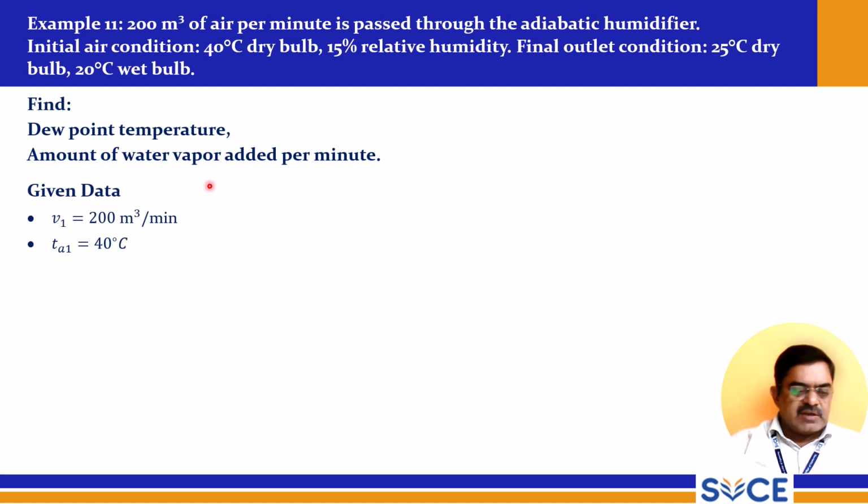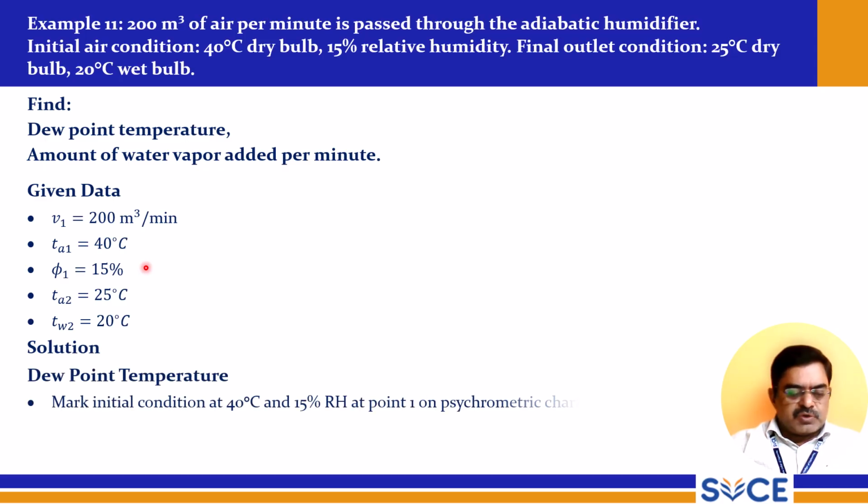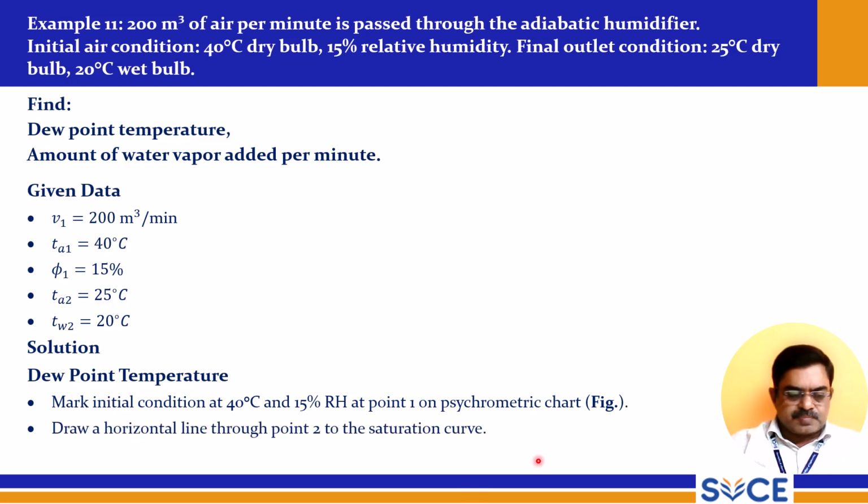So the given data is V1 equal to 200 meter cube per minute, TA1 equal to 40 degrees Celsius, Phi1 equal to 15%, TA2 equal to 25 degrees Celsius, and TW2 is 20 degrees Celsius. Now for dew point temperature, mark the initial condition at 40 degrees Celsius and 15% relative humidity as point 1 on the psychrometric chart.